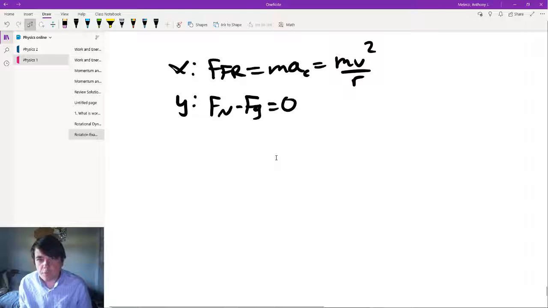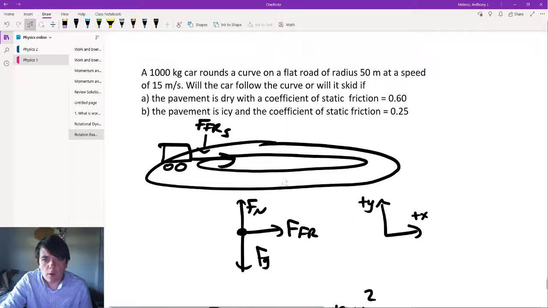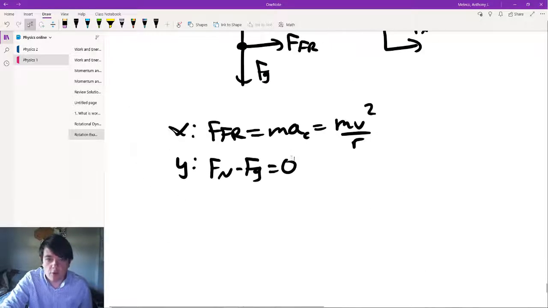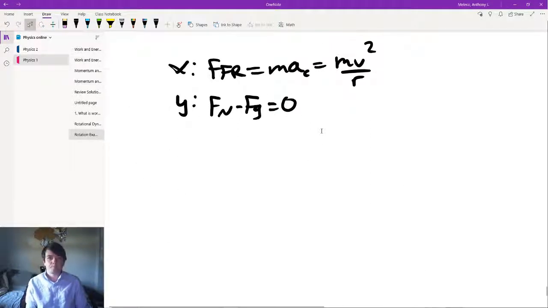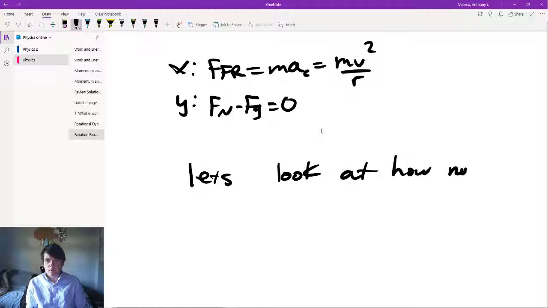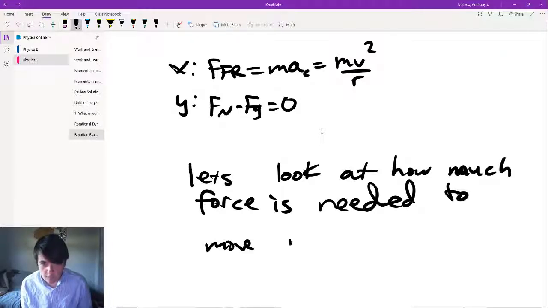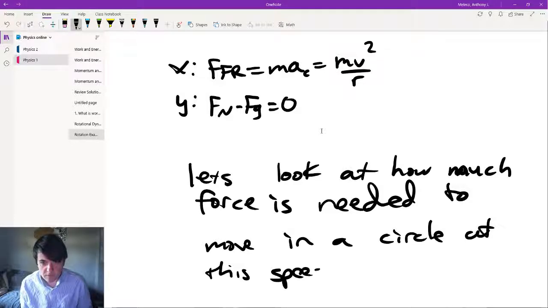First of all, let's look at how much force is needed to move in a circle at this speed.